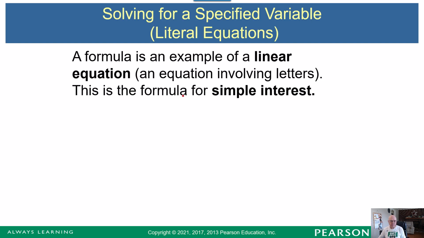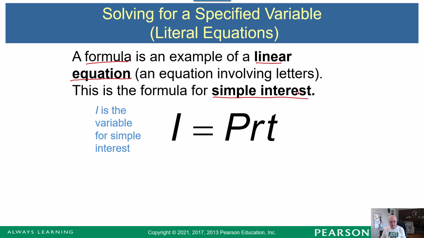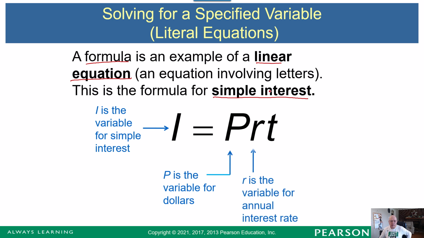Moving along. A formula is a linear equation. And it's an equation for a particular purpose usually. For example, simple interest. We've got a formula for that. Here's one you ought to write down. I is the variable for the interest, as it says.